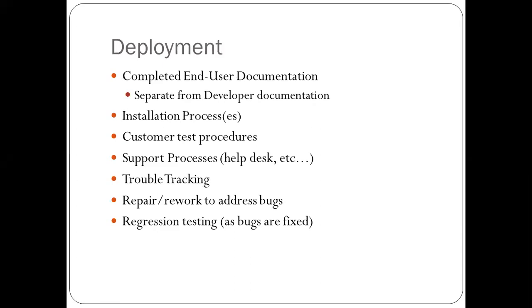Now this is the last phase, that is called the deployment, completed and user documentation. So here before the deployment, or in the phase of the deployment, we will take care of this completed and user documentation. Here we will do the documentation properly, and it must be complete in all respects. Okay.